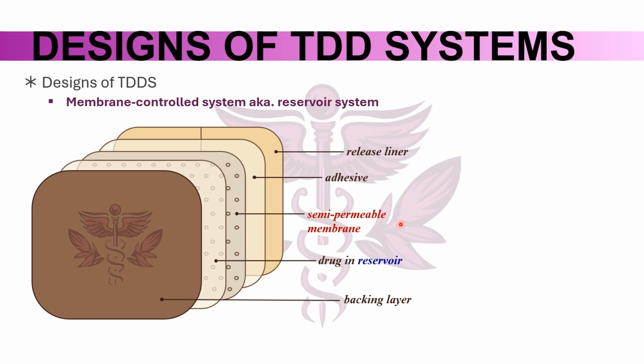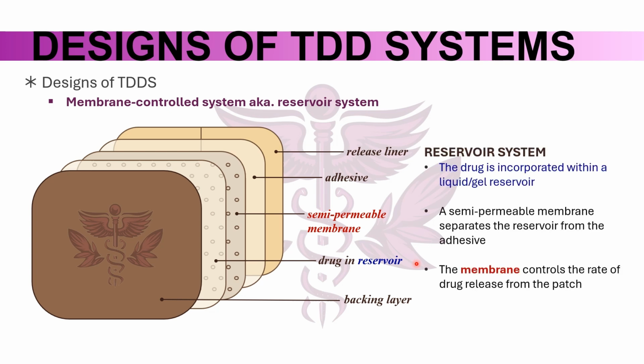Second, the drug is dissolved in a liquid, or more commonly, a gel reservoir. The semi-permeable membrane separates the reservoir from the adhesive layer, and as such, we can establish that the semi-permeable membrane here controls the rate of drug release from the patch.